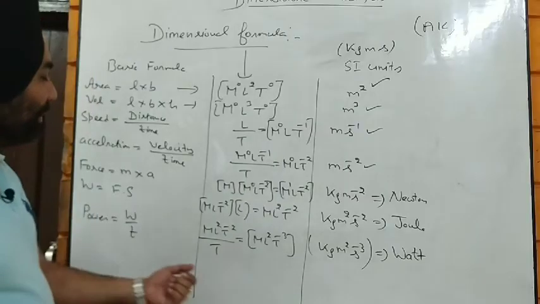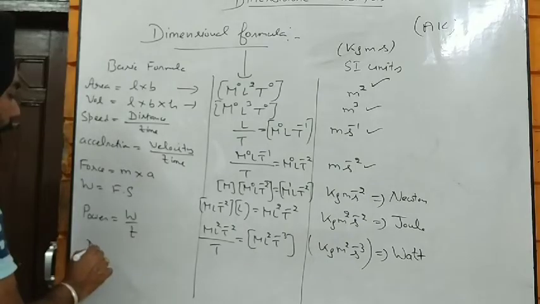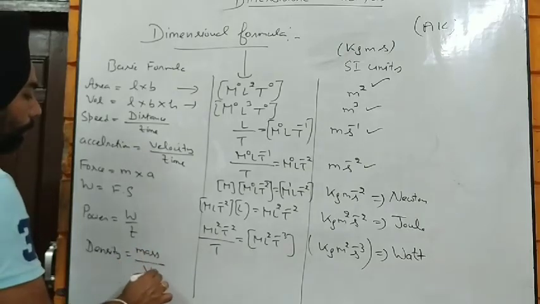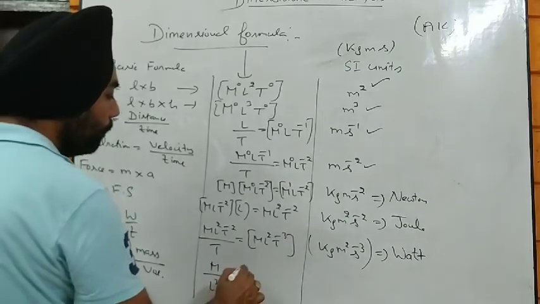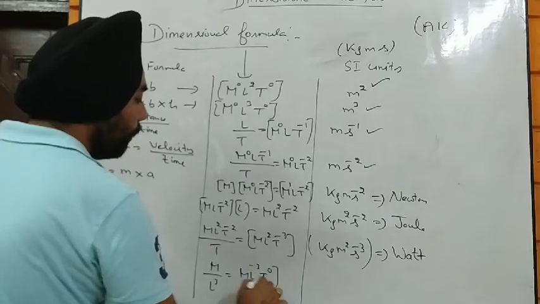Okay, so now the next one is going to be, there are so many formulas. Density. Now what is density? Density is mass upon volume. Now what is mass? Mass is M, volume is L cubed. So M L^-3 T^0.